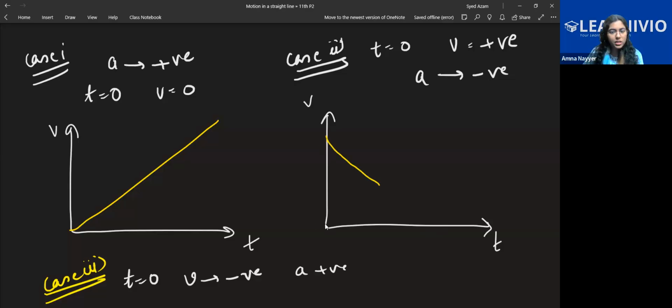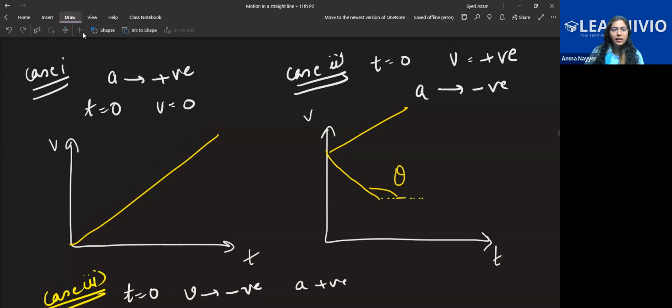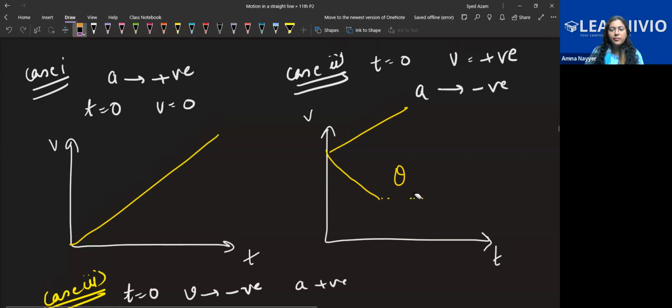I could not draw it like this, because a positive angle would give positive acceleration. Acceleration is negative, so from the horizontal this is an obtuse angle, which makes it negative. So this is how it will be.